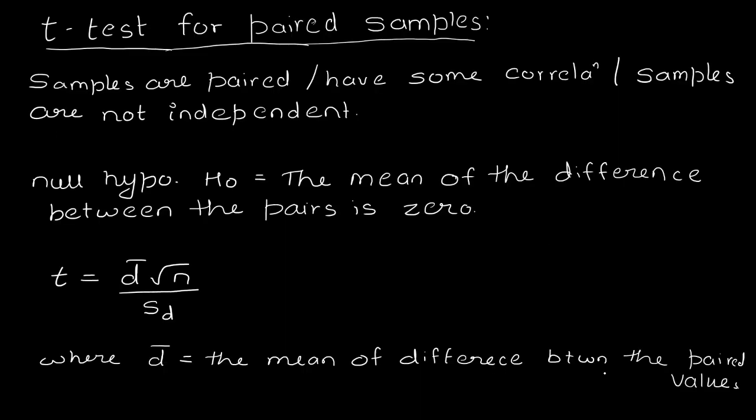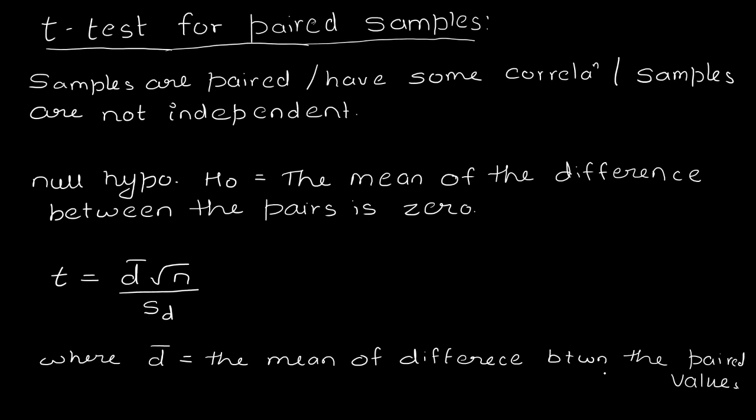Let's move to the t-test for paired samples. Previously, the samples were independent of each other. Now there can be samples which come in pairs.